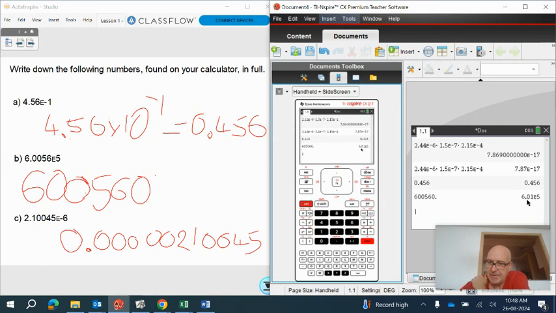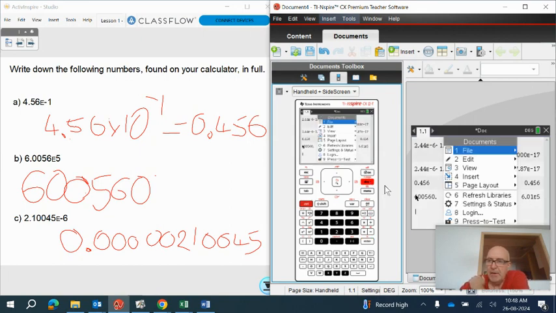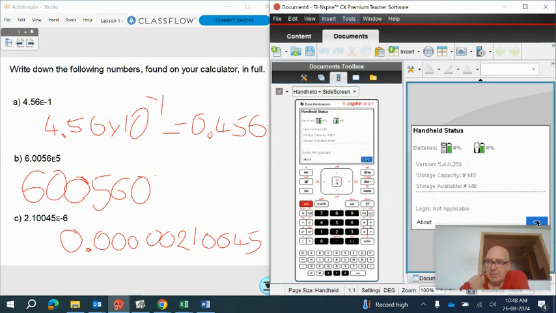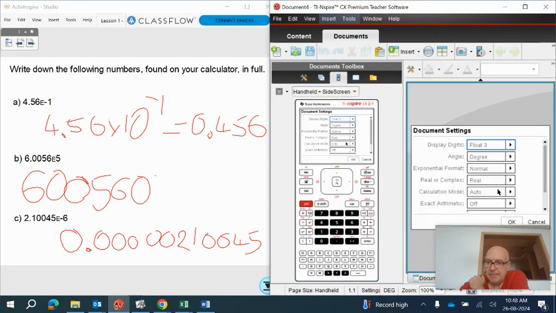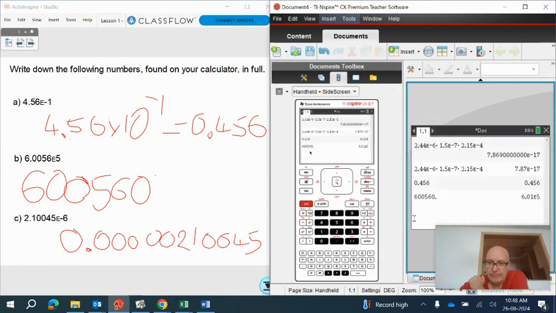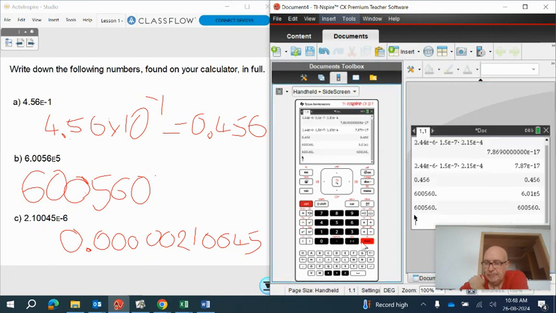It's going to put it into standard form for you. So if we go to document settings, and we put it into float, press enter again, it will show it looking like that. Unless it gets too big, and then it's like, okay, that's enough. I'm going to put it in standard form for you. Okay.